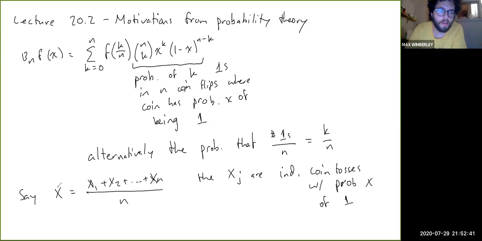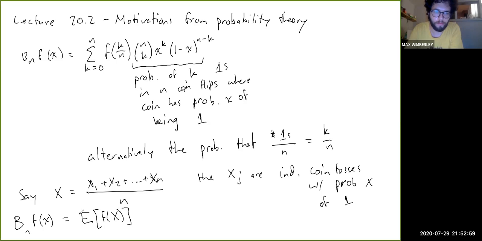If this is our variable, then Bn f of x is actually the expected value of f of X.